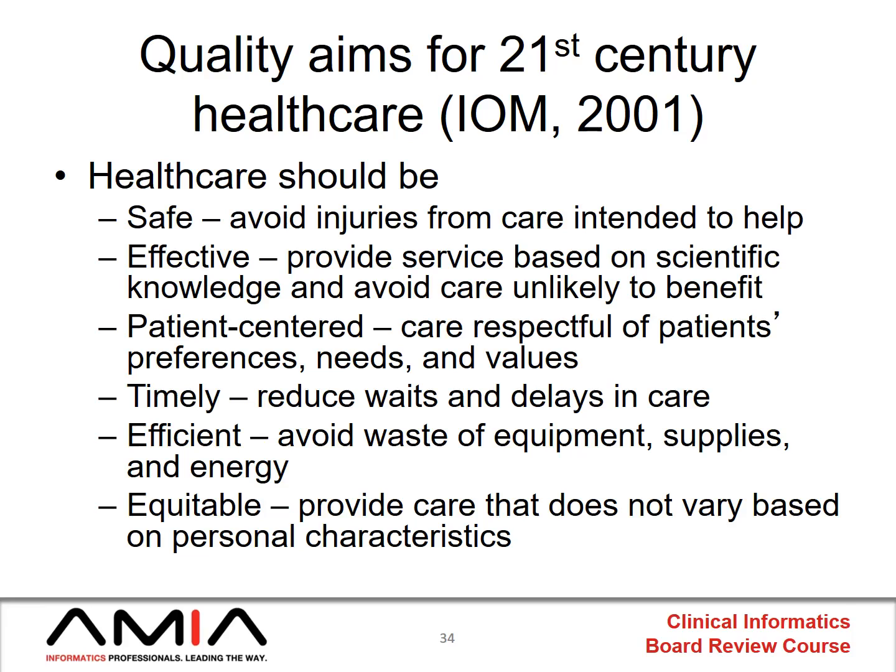Care should be patient-centered, so respectful of patients' preferences, needs, and values. It should be timely, such that waits and delays in care are reduced. It should be efficient, so avoiding waste of equipment, supplies, and energy. And finally, it should be equitable in that it provides care that does not vary based on personal characteristics of individuals.